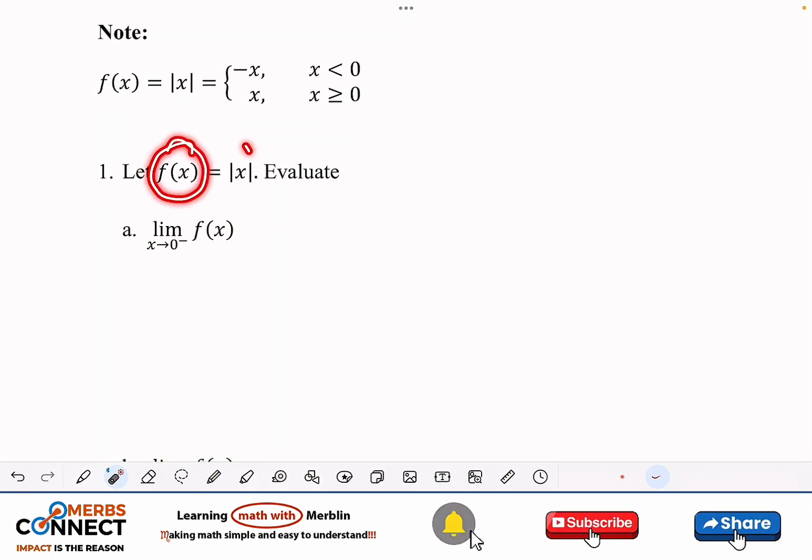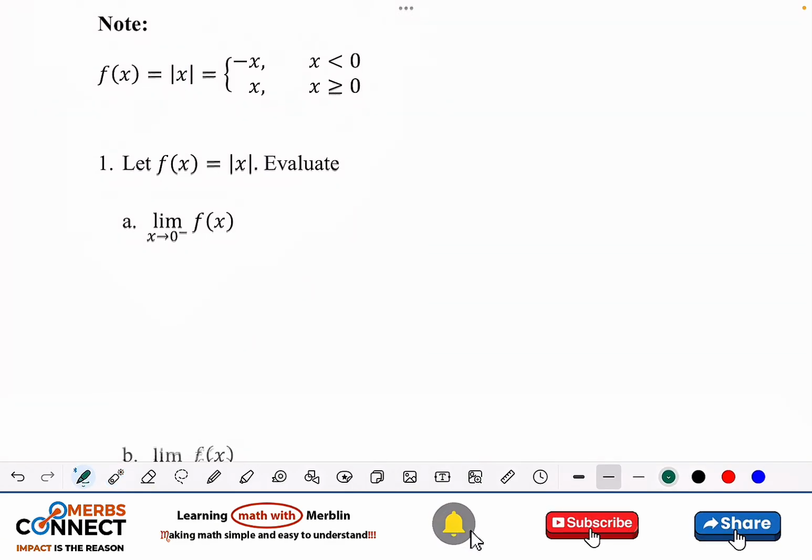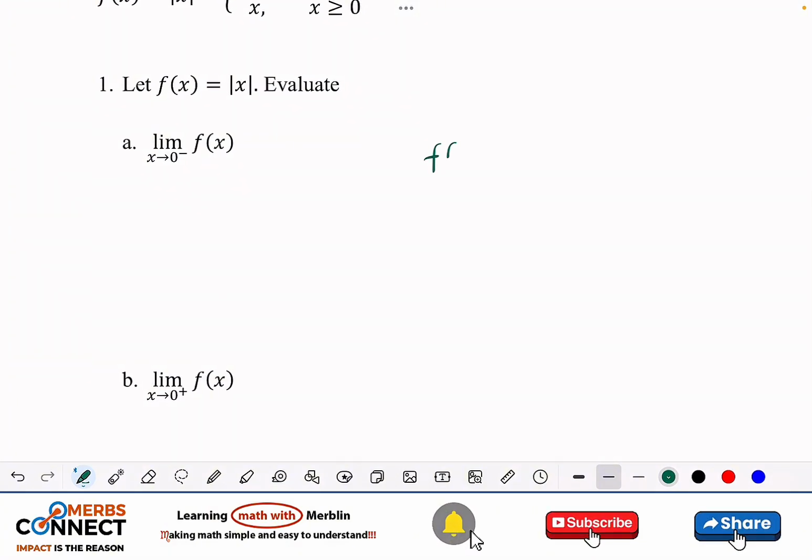I have a function. What is this? We want to find the limit as x is approaching 0 of f of x from the left. So from the left, since we know that f of x is equal to the absolute value of x, this is how I did it: minus x, then you pick what's inside the bracket and you say that this should be less than 0, and x when this is greater than or equal to 0.